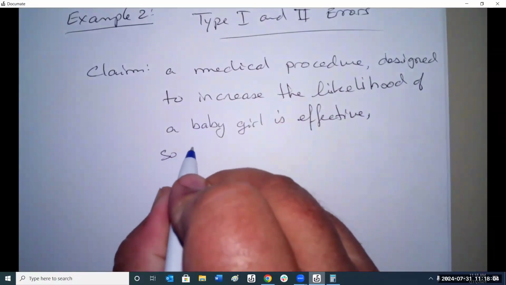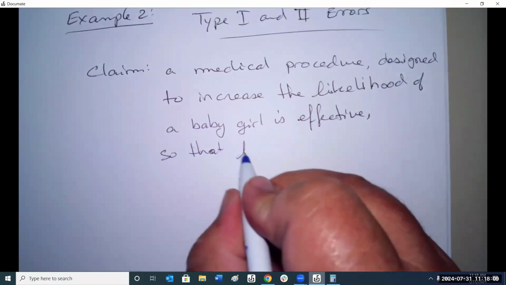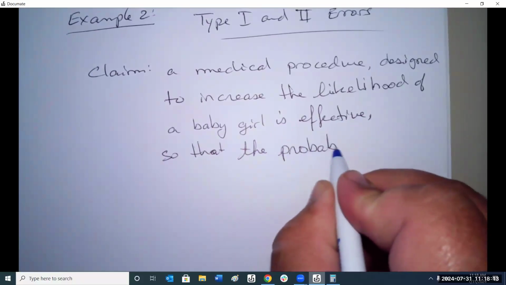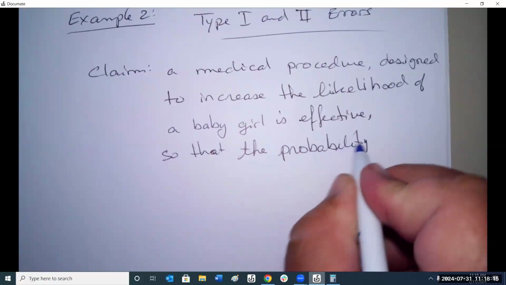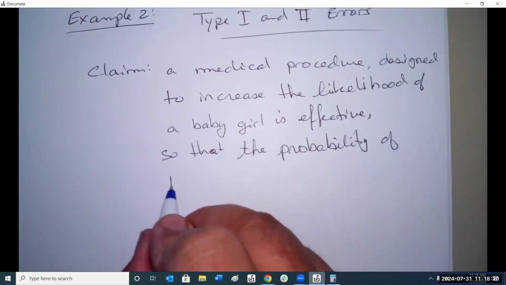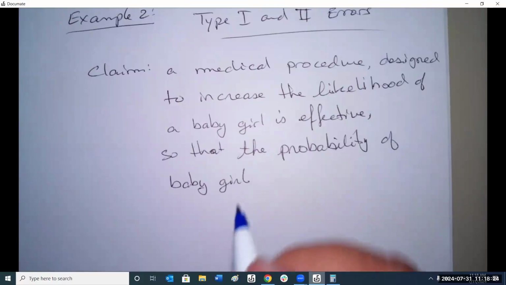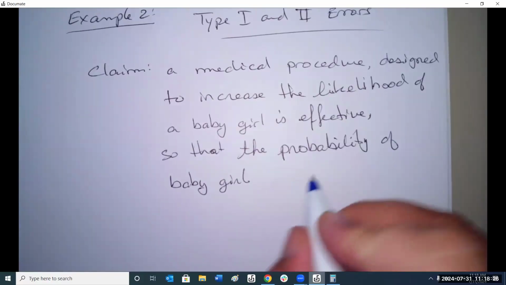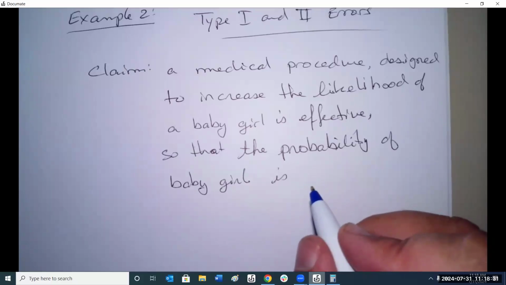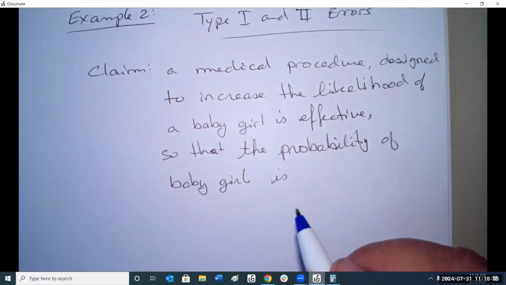The probability of a baby girl is, what is that probability?